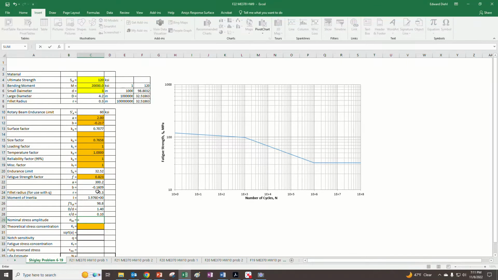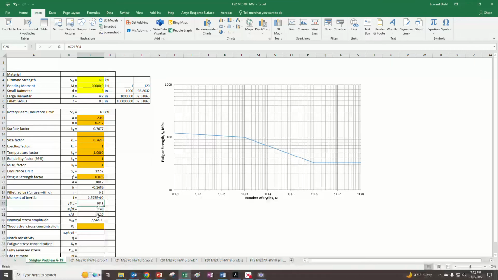So that's going to be equal to my M times my diameter divided by 2 divided by my I, which seems too high. Wait, what happened? Boom. Yeah, that seems pretty high. I'm a little nervous about my I. Pi over 64 times that to the fourth. Okay, must be because it's so large.